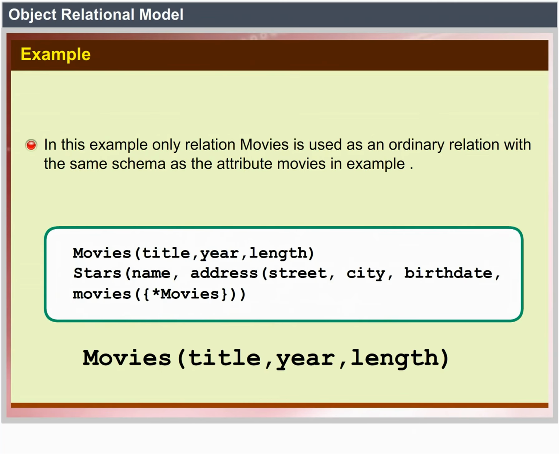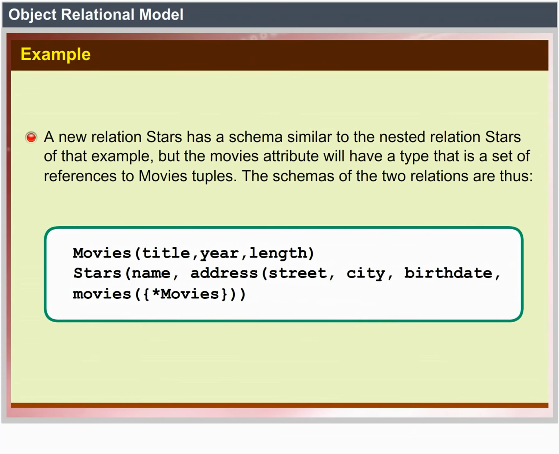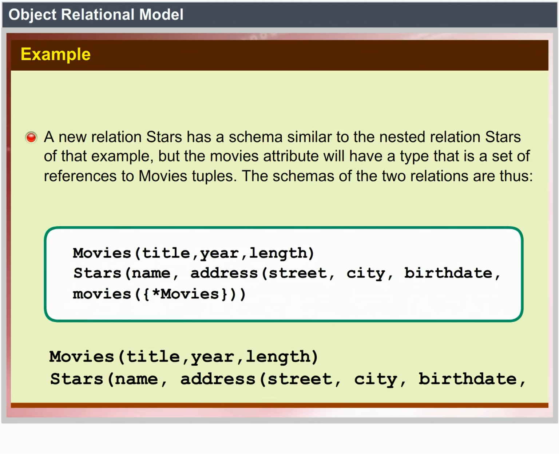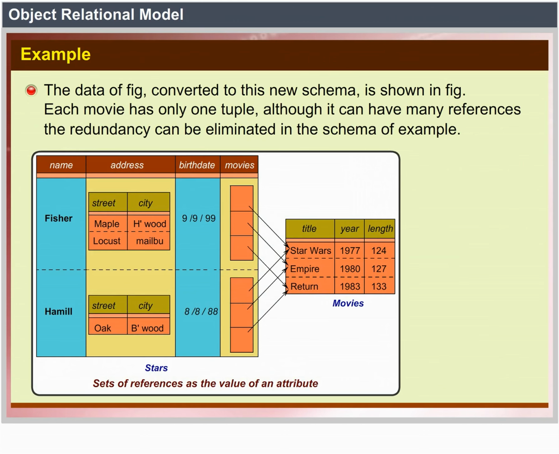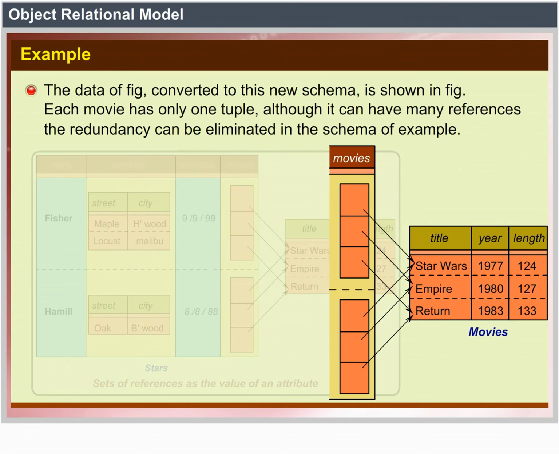A new relation stars has a schema similar to the nested relation stars of that example, but the movies attribute will have a type that is a set of references to movies tuples. The schemas of the two relations are thus as shown, with the data of the figure converted to this new schema. Notice that because each movie has only one tuple, although it can have many references, we have eliminated the redundancy inherent in the schema of the earlier example.